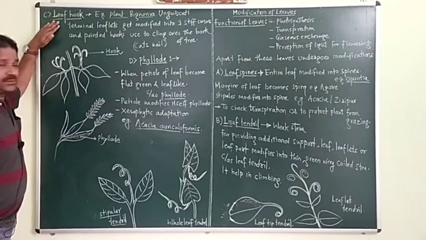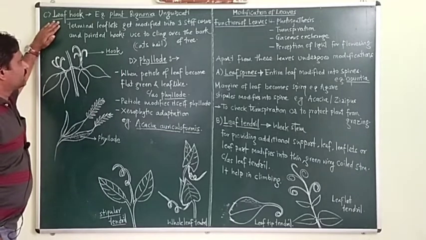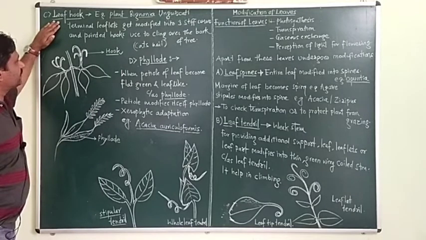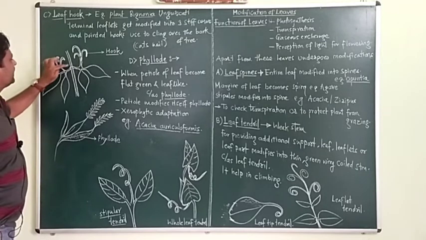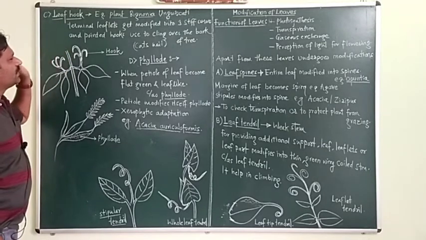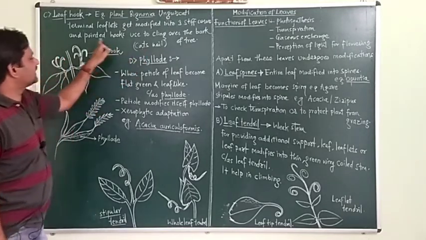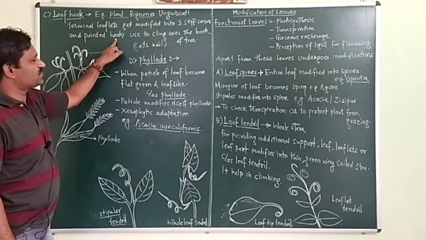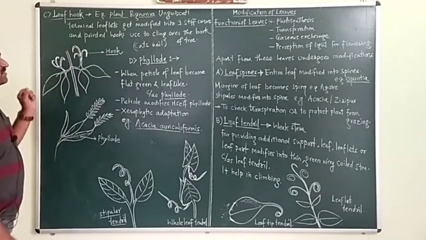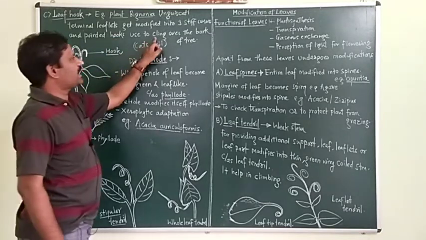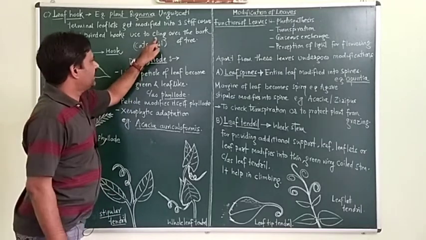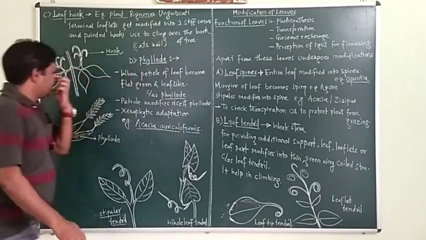And leaf hook means the terminal leaflets get converted into cat nail like structures. These cat nail like structures are called hooks. These hooks help the plant to cling over the bark or to climb over any big tree.